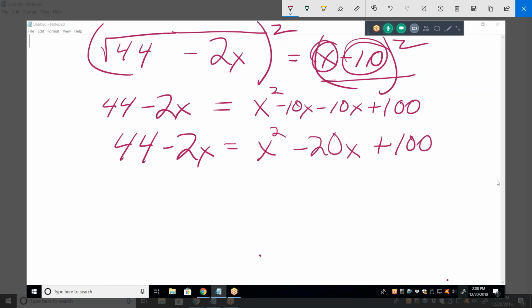You have to make one side equal to 0. Well, which side am I going to make 0? Okay, how do I do that? No, the right side is already a pretty nice looking quadratic. We just got to do something with that 44 and that minus 2x. So what do we do with them?